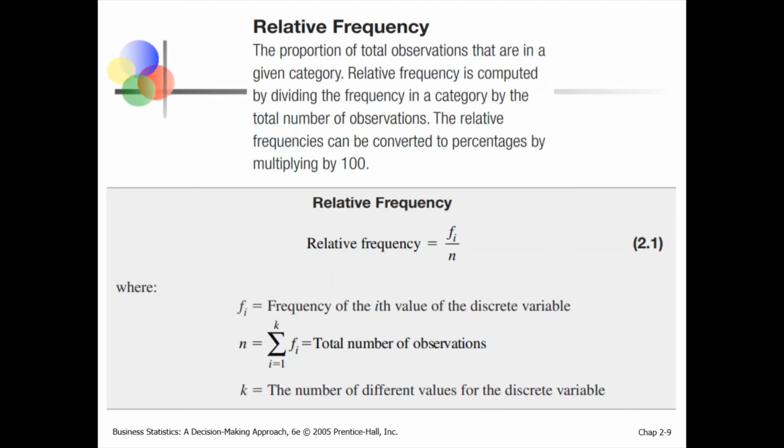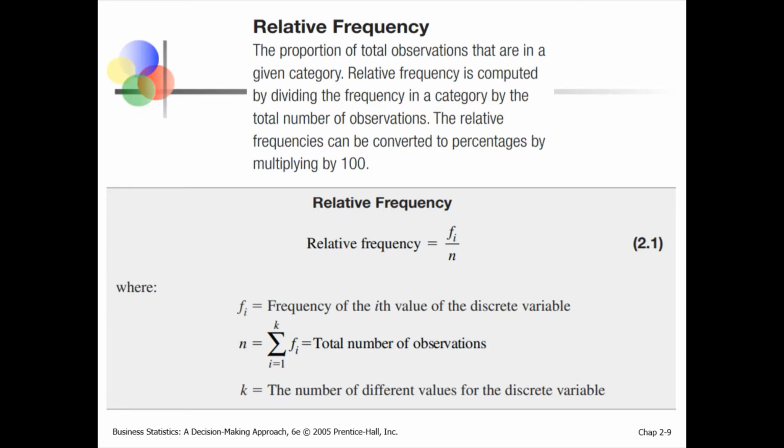Okay, so this is the formal formula for relative frequency. So it is the proportion of total observation that are in a given category. So yes, it is a proportion or a percentage. Okay, relative frequency is computed by dividing the frequency in a category by total number of observations.